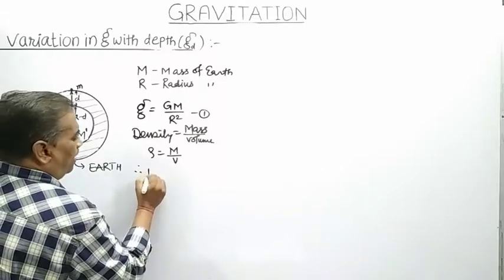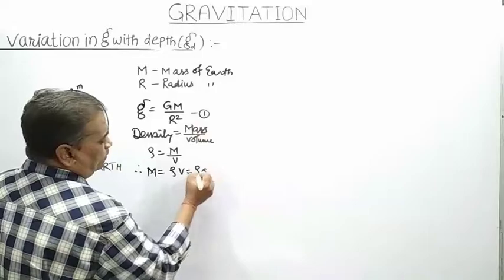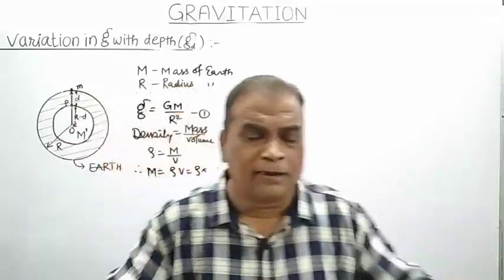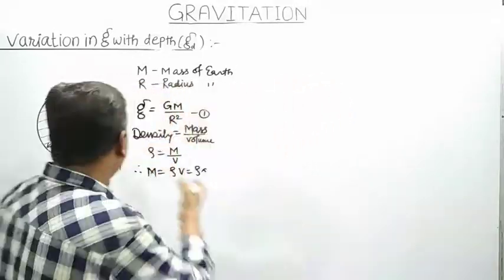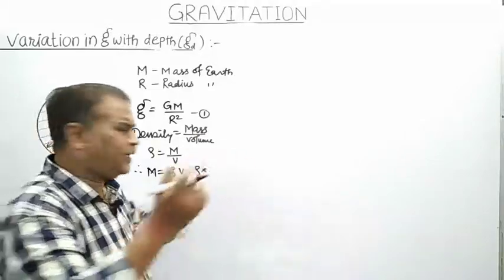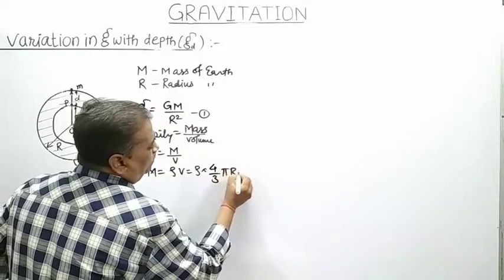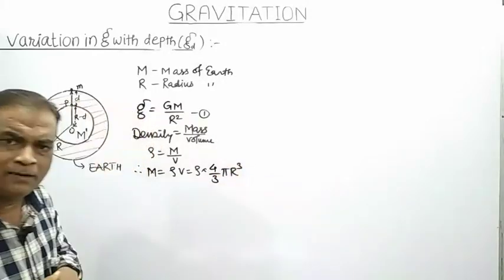Therefore, mass of earth is equal to rho into V, equal to rho into. Now, how to calculate the volume of earth? See here, earth is spherical in shape. What is the volume of a sphere? It is 4 by 3 pi R cube. Radius of sphere is capital R.